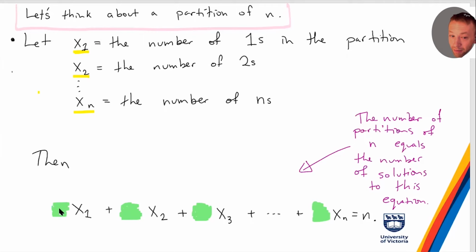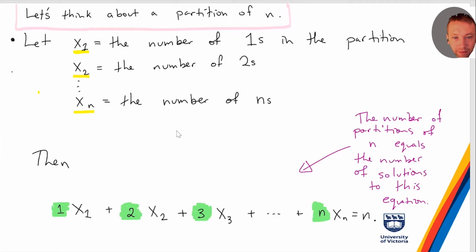If you think about it, the coefficient I want to put before each of these is equal to the index. So 1 times the number of ones plus 2 times the number of twos, 3 times the number of threes, up to n times the number of n's in the partition, this equals n, right?